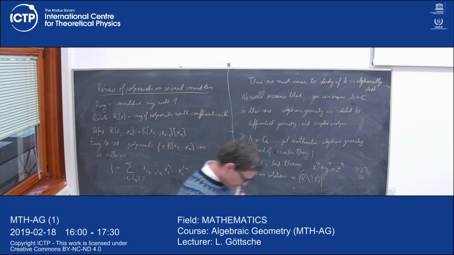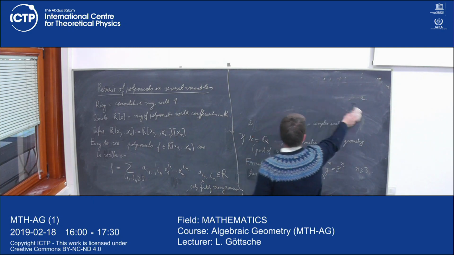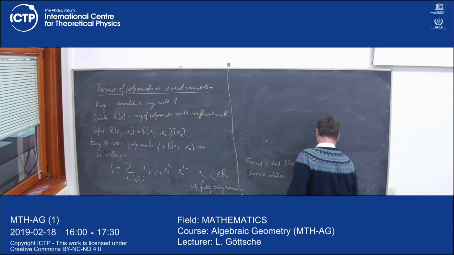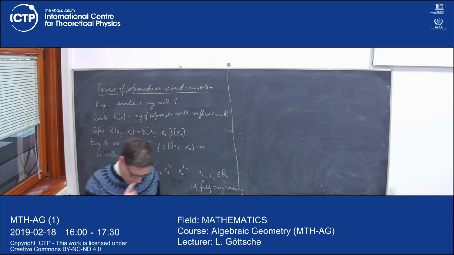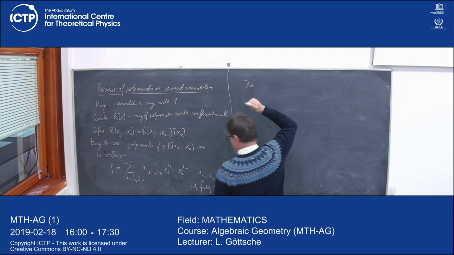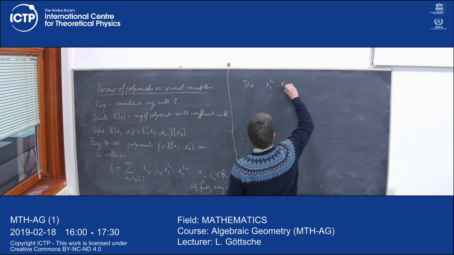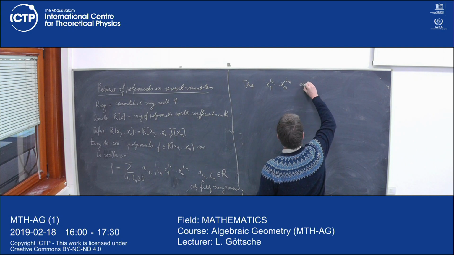So this would be a polynomial, and we want to introduce a couple more words about them, and then we use them. So I call these expressions x1^{i1} to xn^{in} monomials.